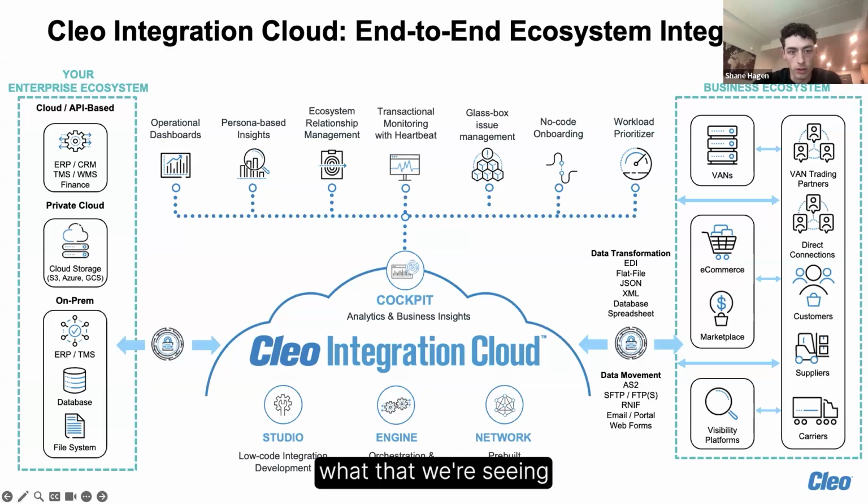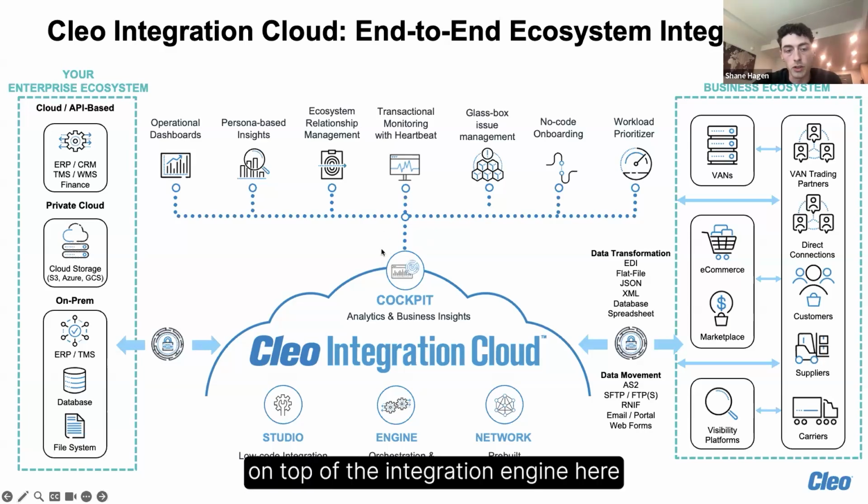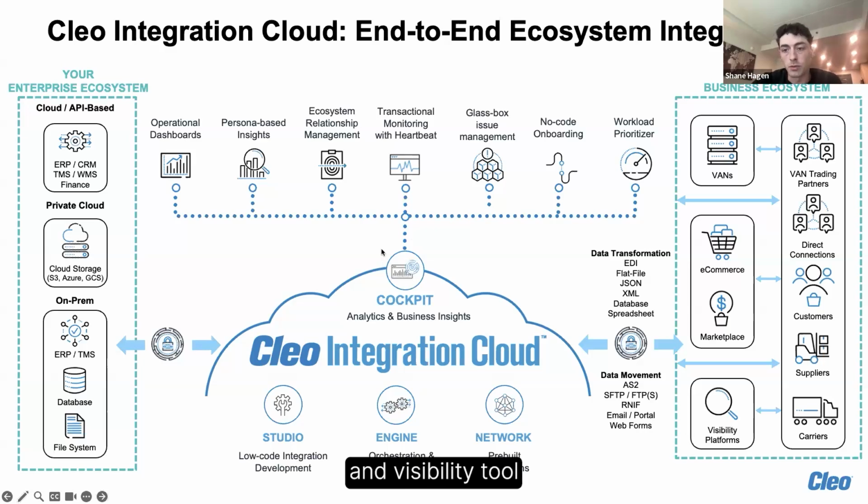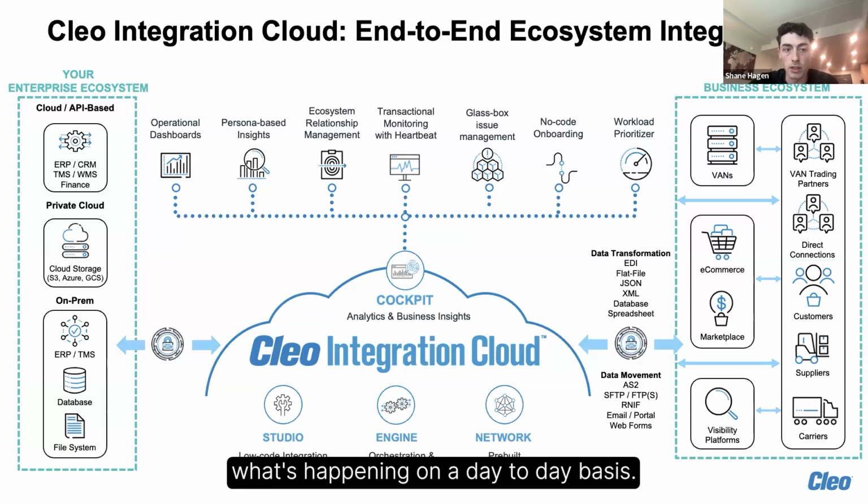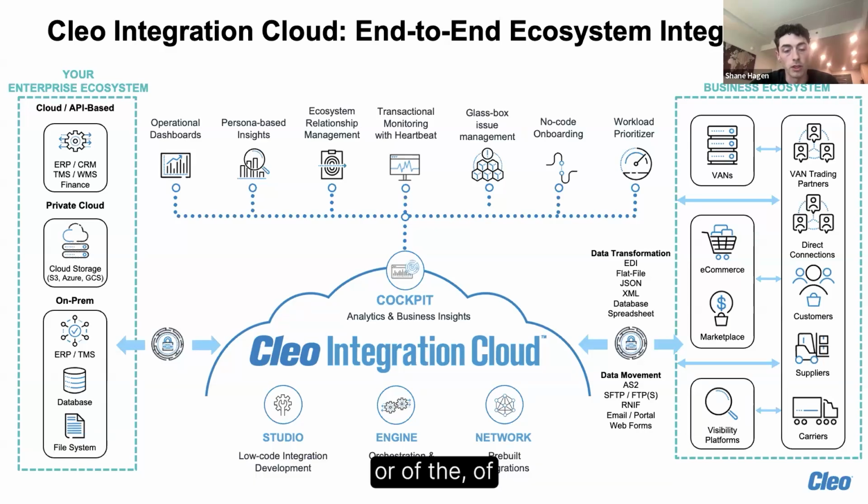Now, the cockpit, what we're seeing sitting on top of the integration engine here, is the dashboard and visibility tool that will sit on top of your integrations, letting your team know what's happening on a day-to-day basis. Really meant for exception management and maintaining the operational state of the integration environment.